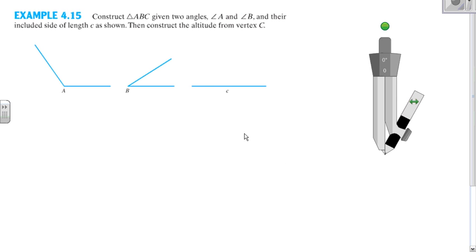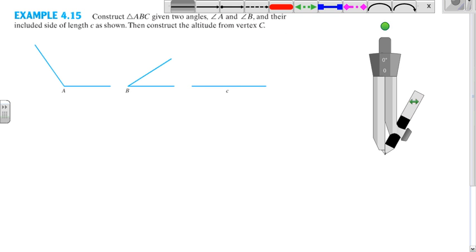Now we can tie all this together to draw a triangle with two given angles and the side length in between those angles given. So let's start with a ray.